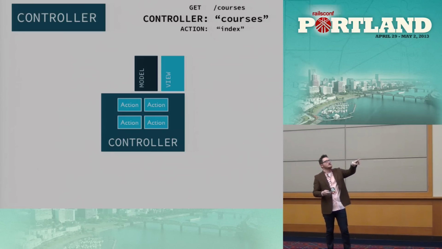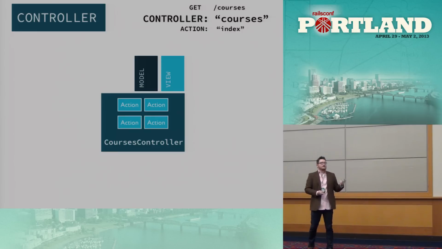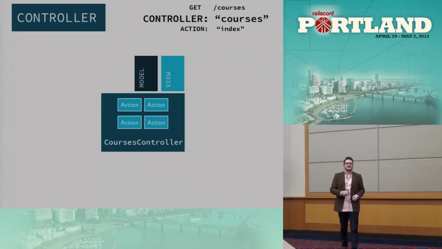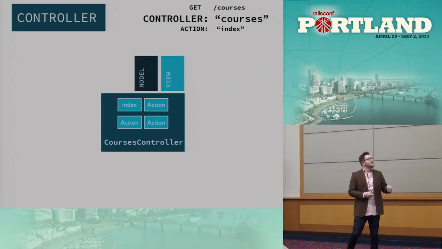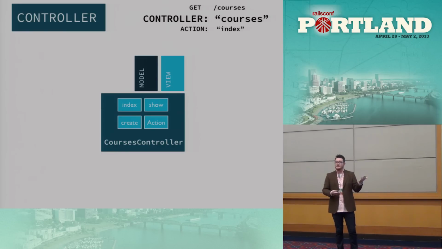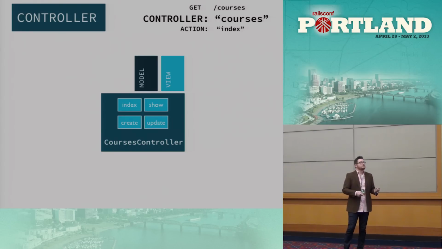Due to the naming conventions of Rails, the controller that we're looking for, since we know it's courses, is going to be called a courses controller. Some actions that end up being shown with this: an index action, which we saw earlier, a show, a create, which ends up going with a post, an update, which is the put.